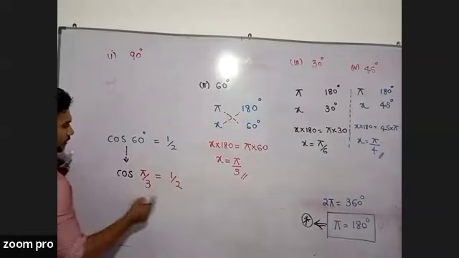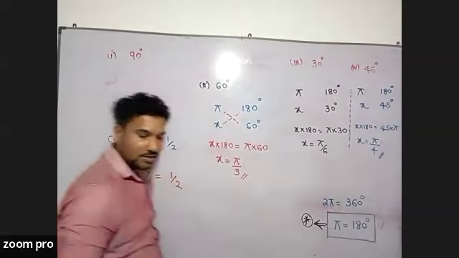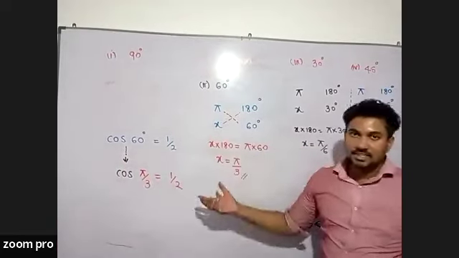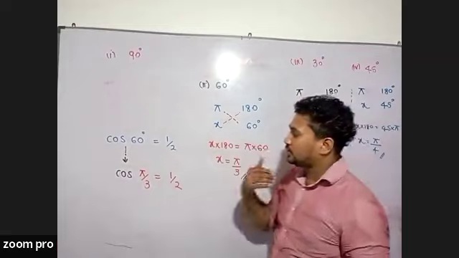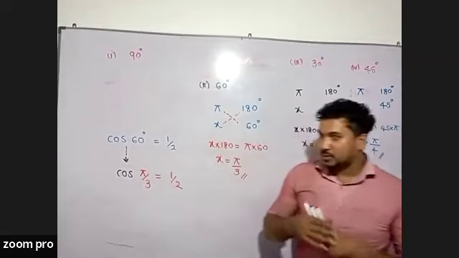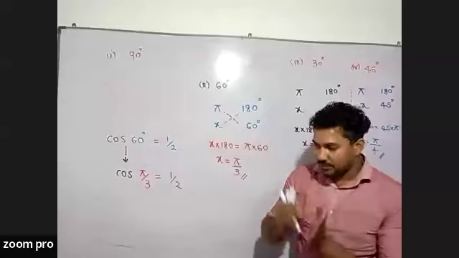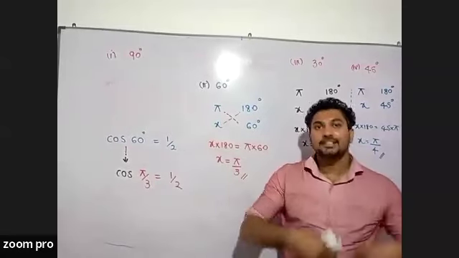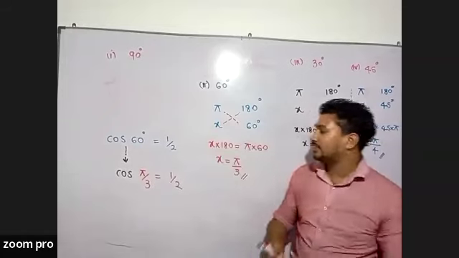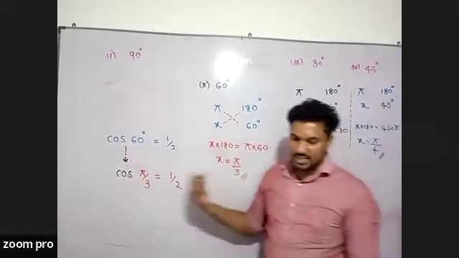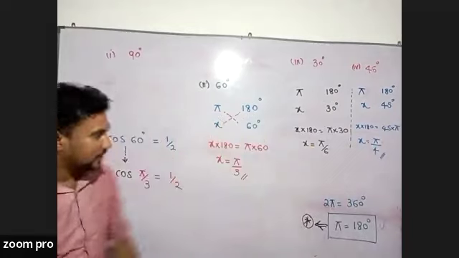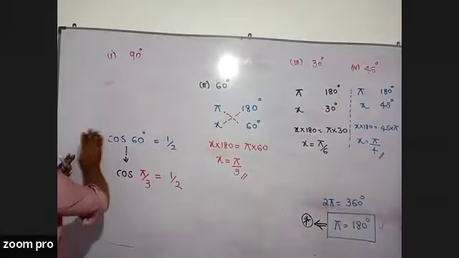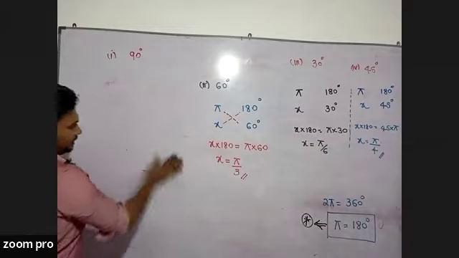So then cos 5 over 3 equal to half. See, these are very simple things. Today, you should have the capability of converting a given degrees value into radians and the opposite thing, right? I think you should have enough idea about this conversion, right?